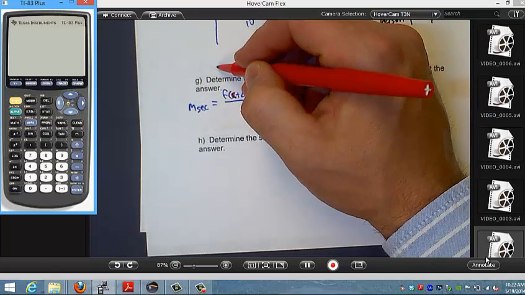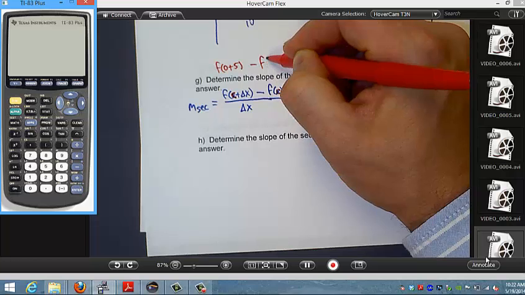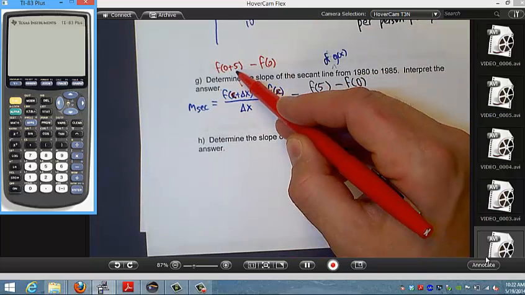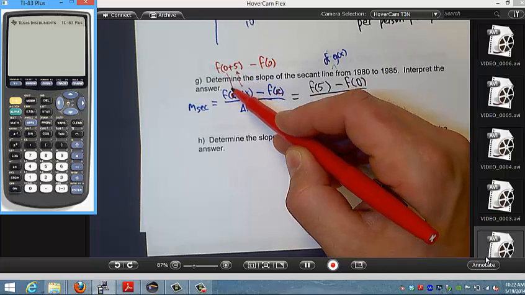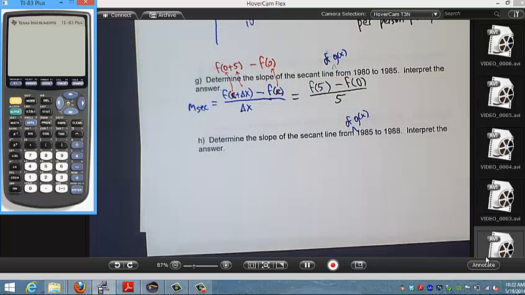What we're really doing is f of 0 plus 5 minus f of 0, because delta x is 5 here, and the x value or the c value is 0, because that's kind of where I'm starting. I'm starting at 1980. I'm going to 1985. Does that make sense to people?